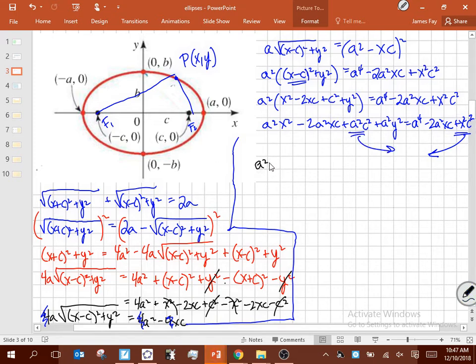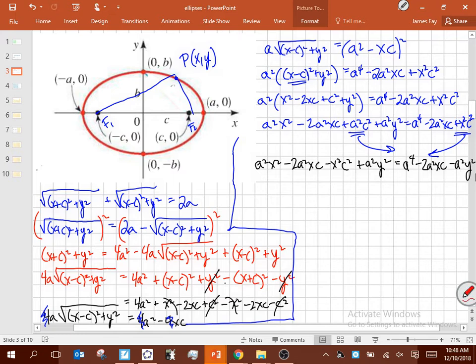So I'll have a squared x squared minus 2a squared xc minus x squared c squared plus a squared y squared is equal to a to the 4th minus 2a squared xc, minus, then I'm moving this thing to the other side, so minus a squared y squared.